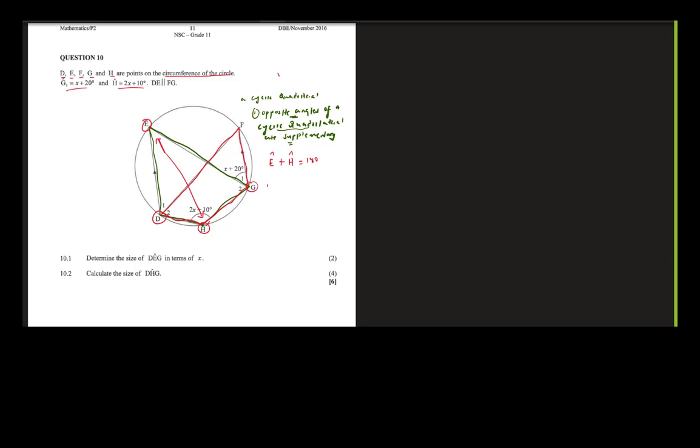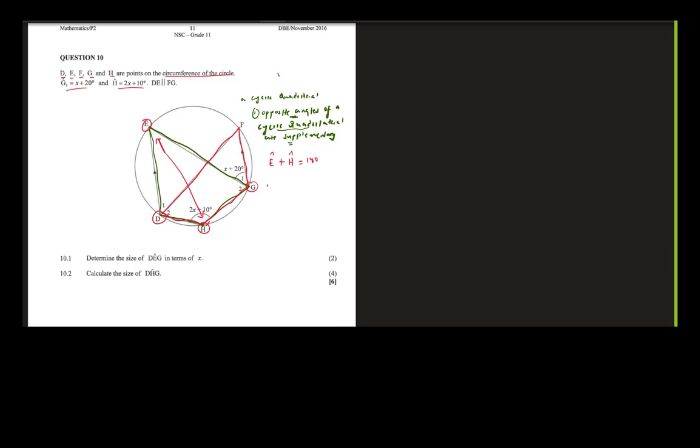That's what supplementary means. So E is opposite to H. Therefore, angle E plus angle H, when we add them, they must give us 180.